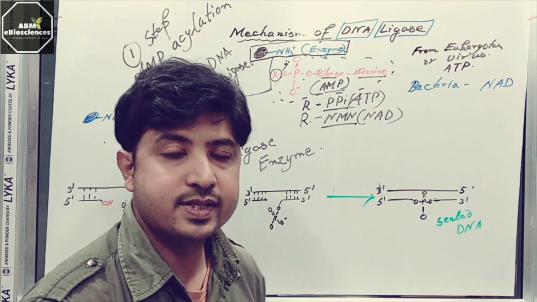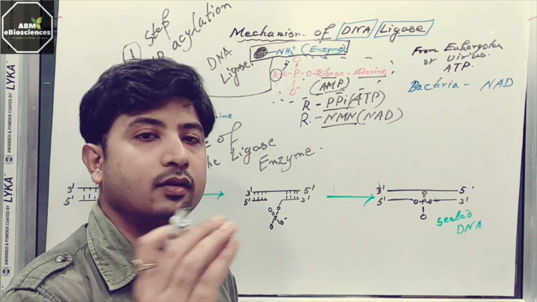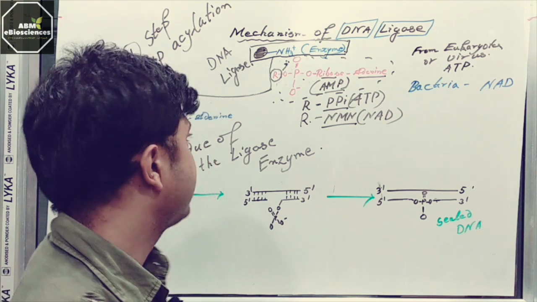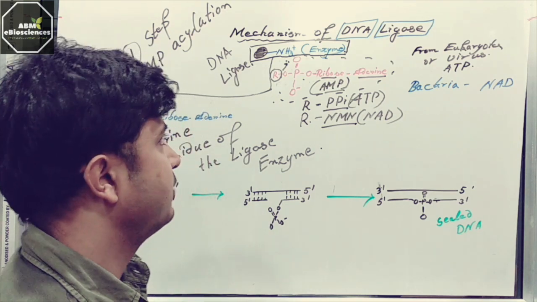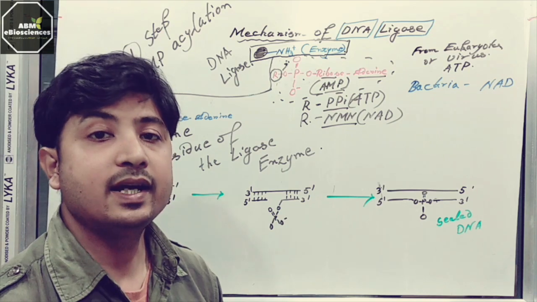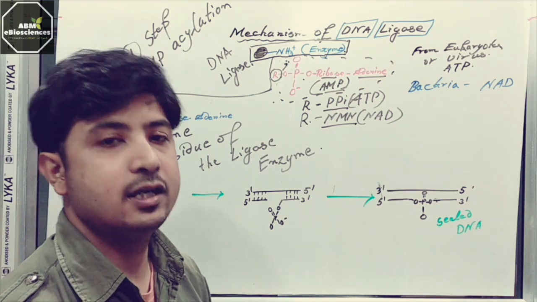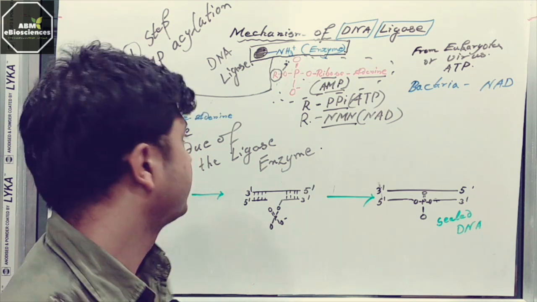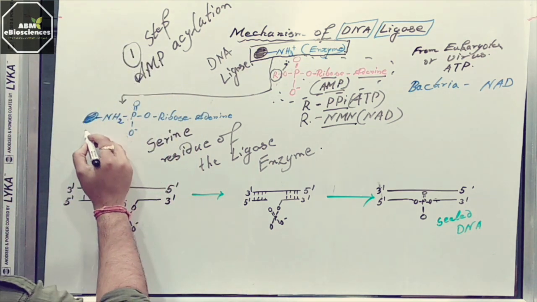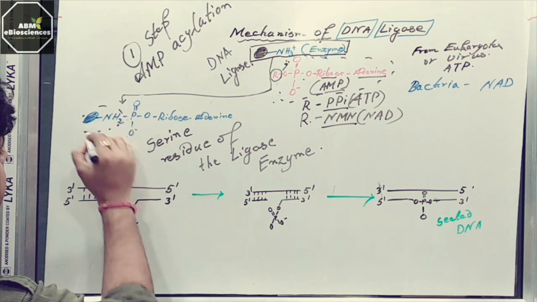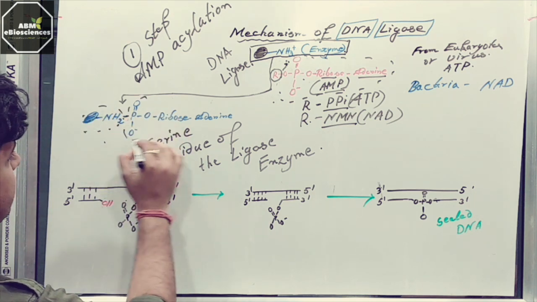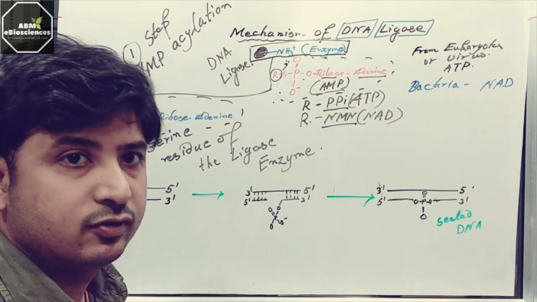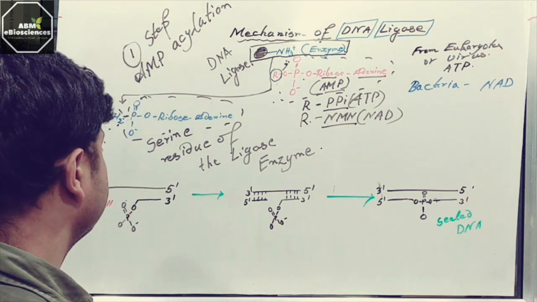So the serine residue present in the DNA ligase enzyme is attached, or acylated, with the AMP group that is drawn from ATP or NAD, depending upon the enzyme. Now our enzyme is ready and attached with the AMP group. This is the first step of the DNA ligase reaction.